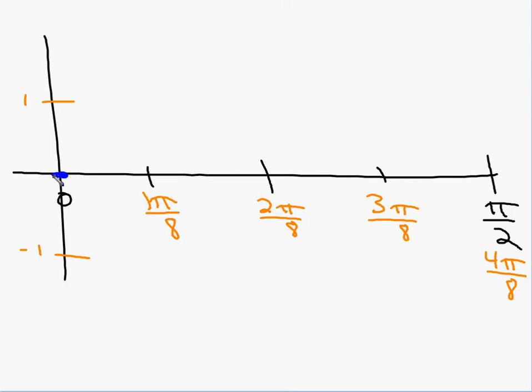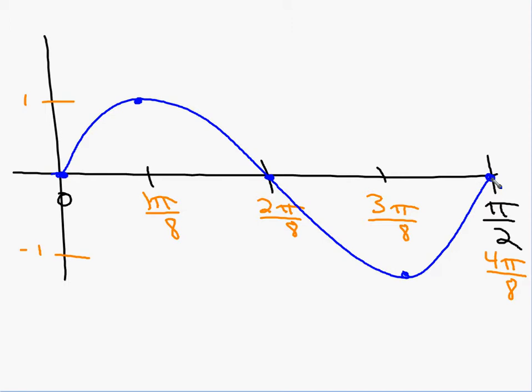At the first quadrant value, it's 1, back to 0, back to negative 1, back to 0. And there is 1 period of the sine graph. And it's not near as hard as what you thought it was.